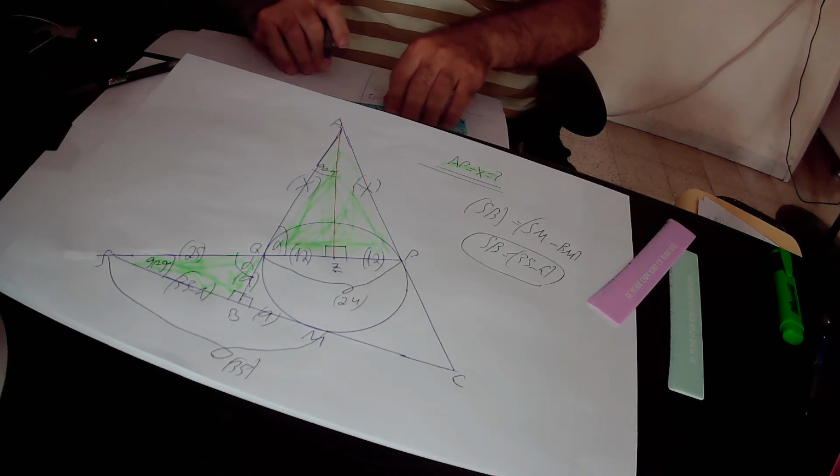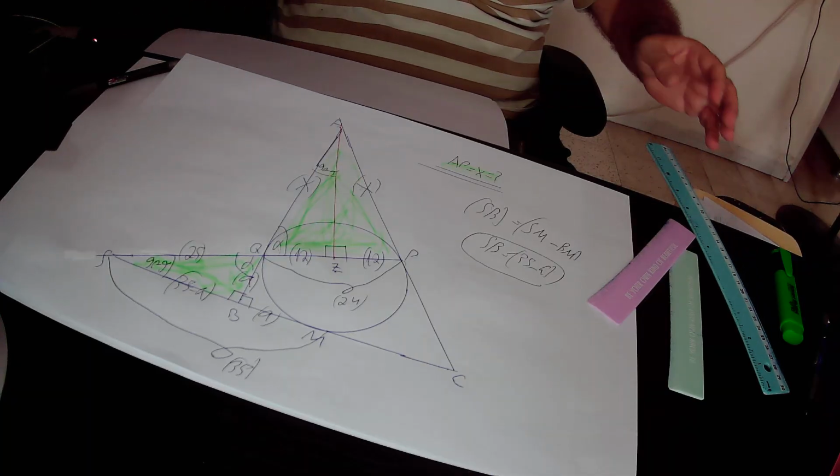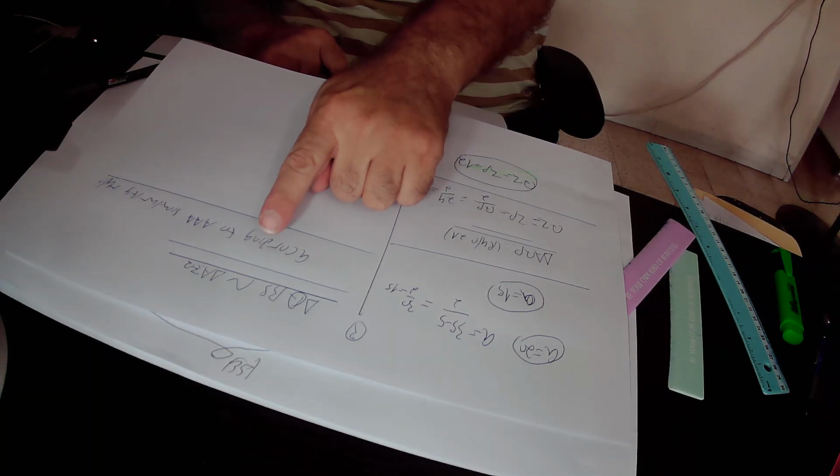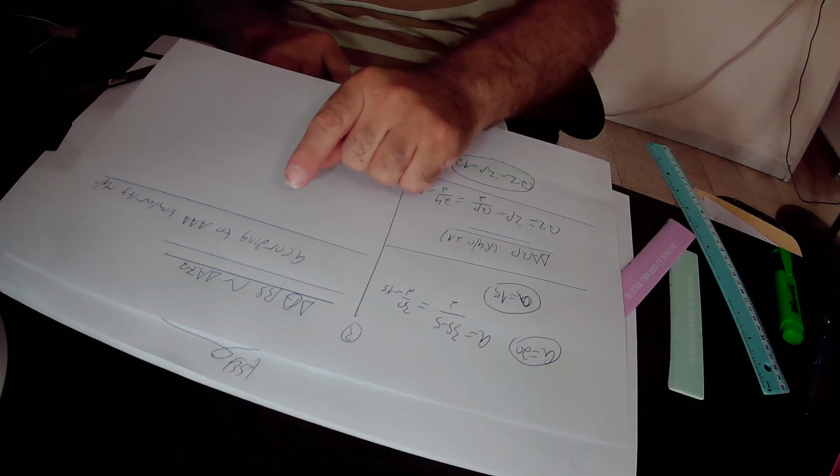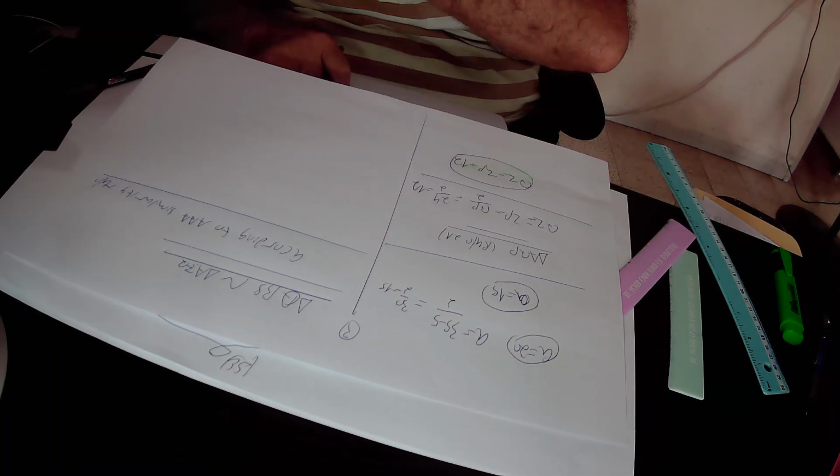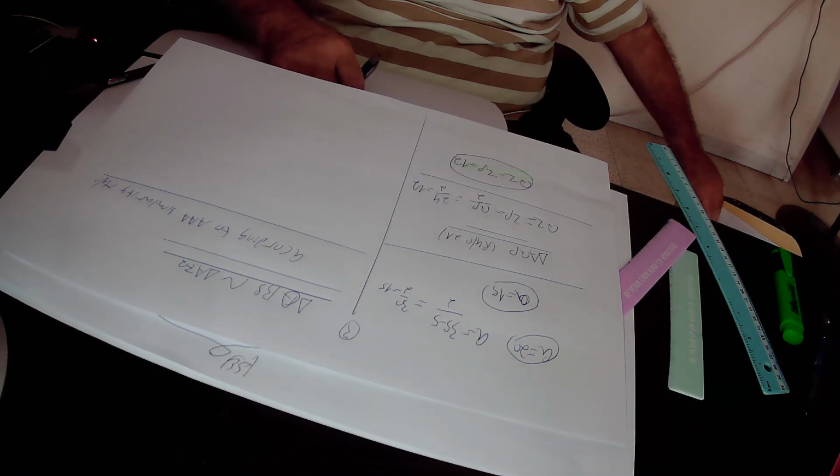Again, the right green triangle QBS is similar to the right green triangle AZQ according to the angle similarity rule.